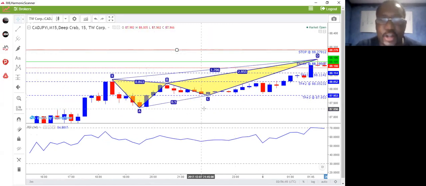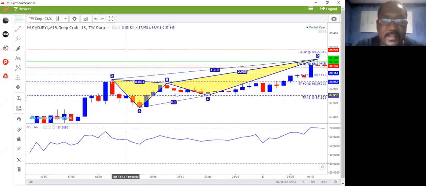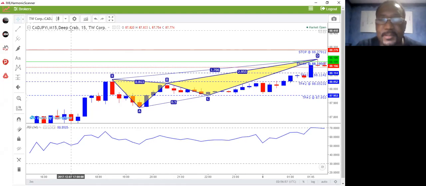There's a shark pattern, a Gartley pattern, a bat pattern, a crab pattern. Basically there are different measurements here of angles that the algorithm picks up, and it identifies the certain shapes and designs. And from there, it gives us a potential entry point.